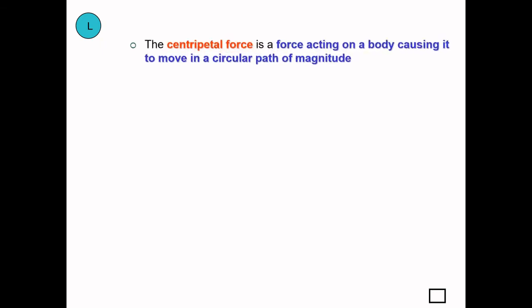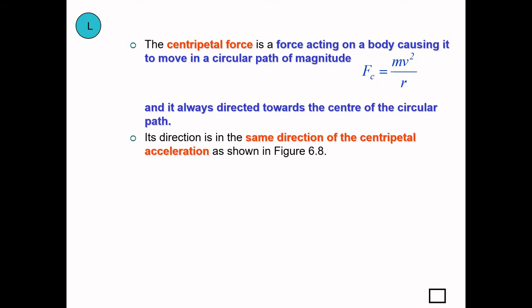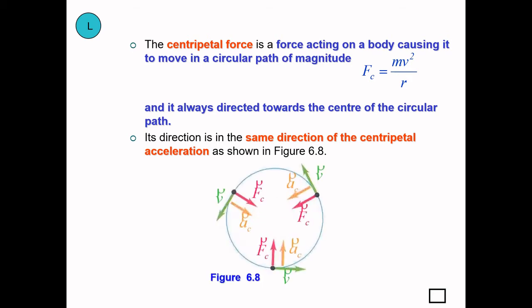The centripetal force is a force acting on a body causing it to move in a circular path, of magnitude Fc equals mv squared over r, and it is always directed towards the center of the circular path. Its direction is the same as the direction of the centripetal acceleration, as shown in figure 6.8.